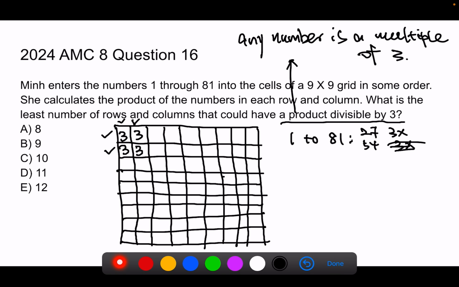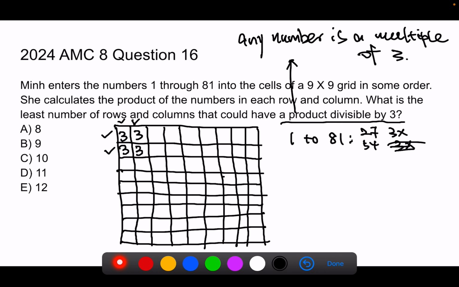By putting the fourth number here, it's the same number of rows and columns divisible by 3. By just playing with 4 numbers, you get a sense now, right? You want to put those multiples of 3 together and try to form a square. That will minimize the number of rows or columns divisible by 3.